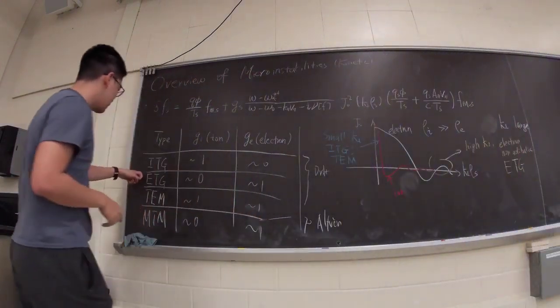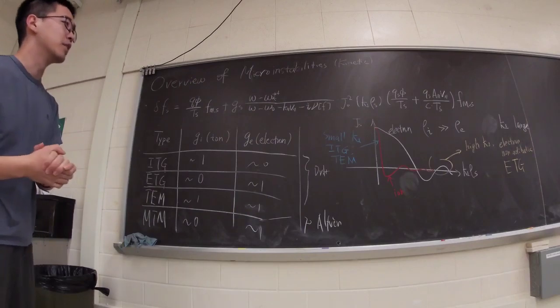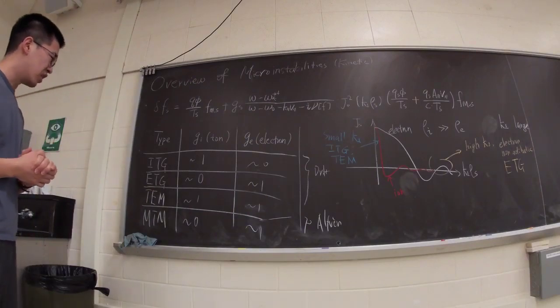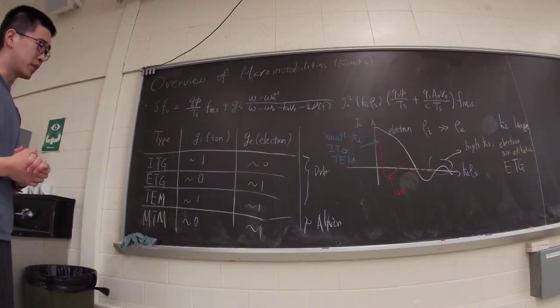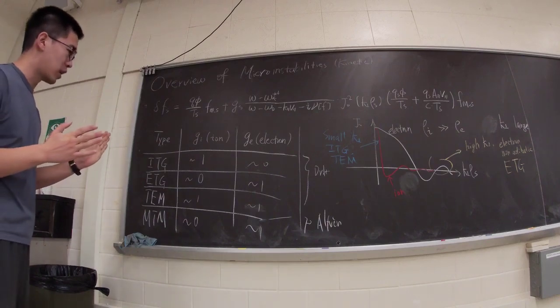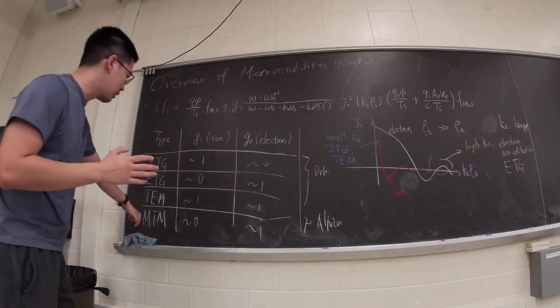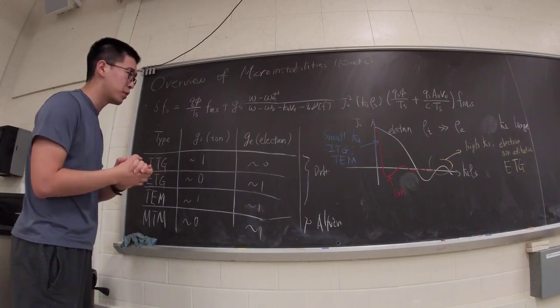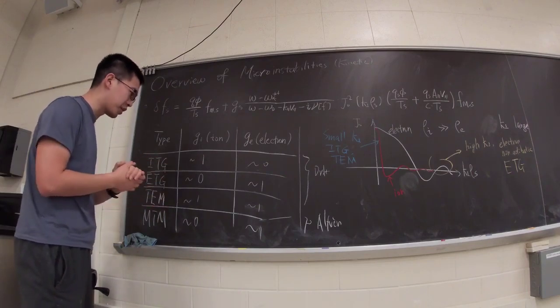So ITG, ETG, TEM, you can think of it as temperature gradient driven, and MTM is also temperature gradient driven, but this is more like a drift type.